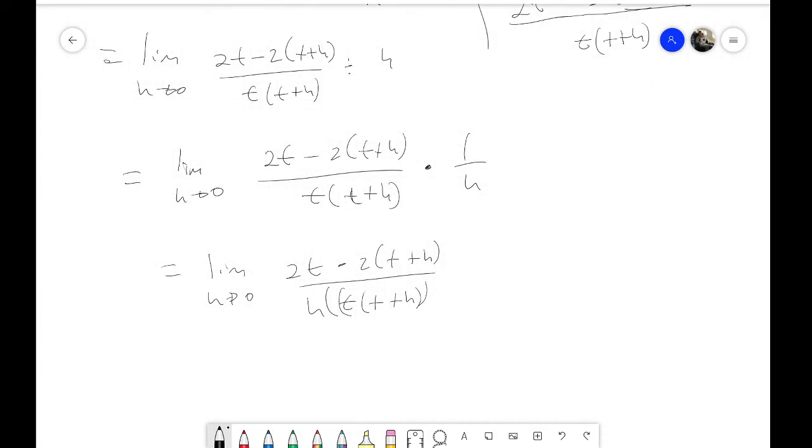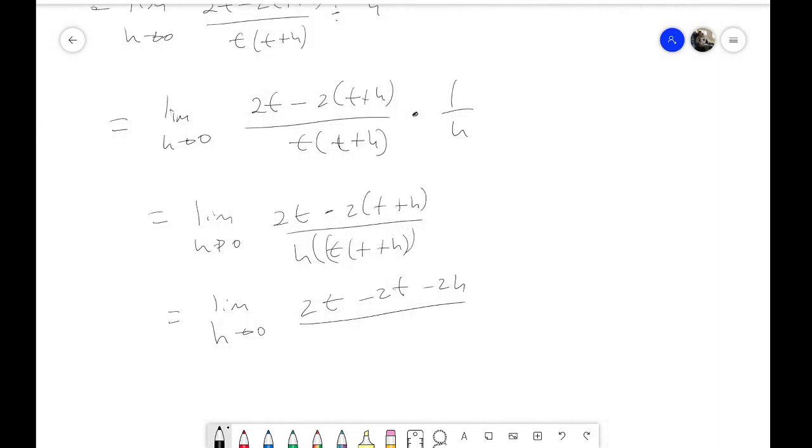So now we're only dealing with one fraction. And now you could FOIL a little bit and then factor. So it's just the limit as h goes to 0 of 2t minus 2t minus 2h on the top. In the denominator, we have h times t squared plus th.